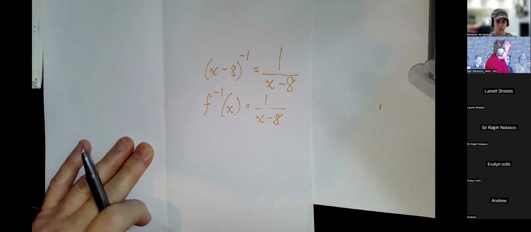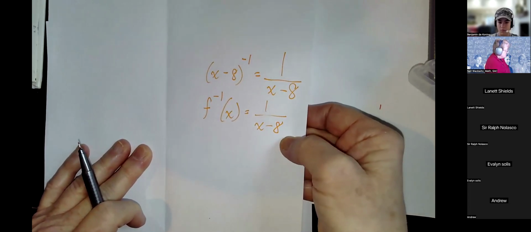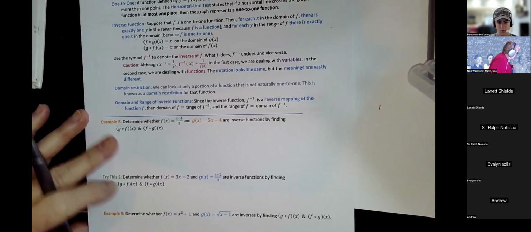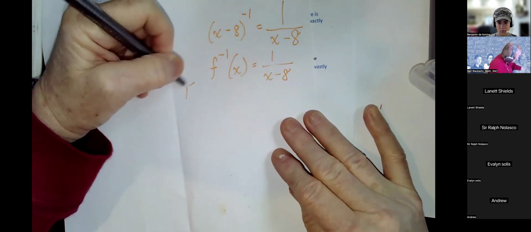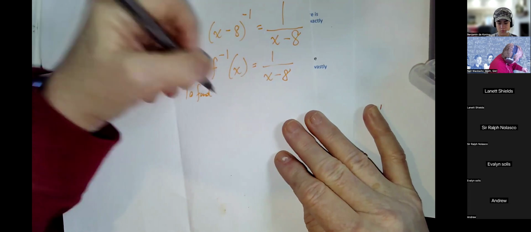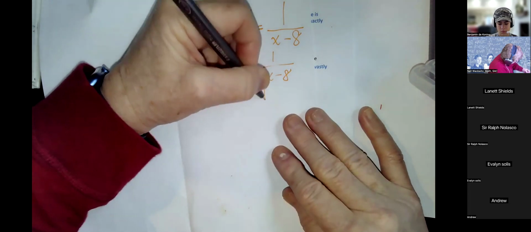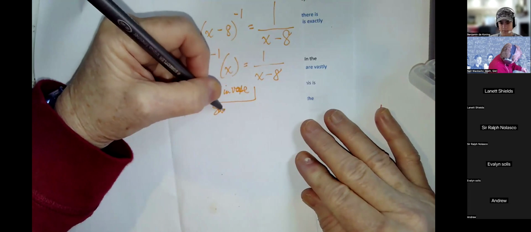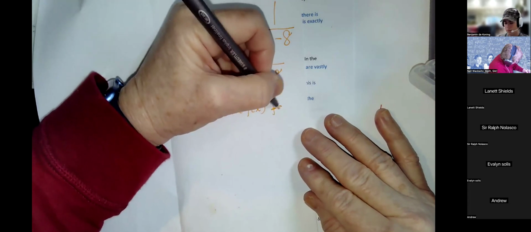And in fact, let's go through the steps and find the original function of this 1 over x minus 8. I'll list the steps here. So to find an inverse, first you switch f of x for y.